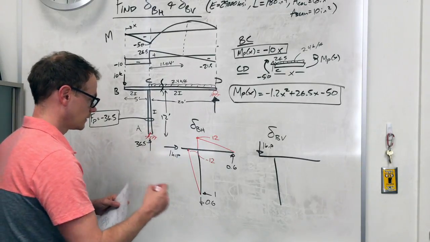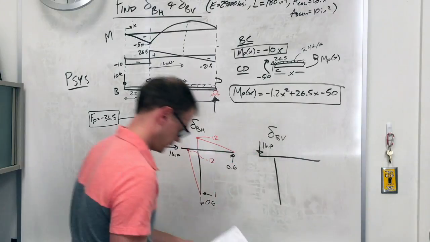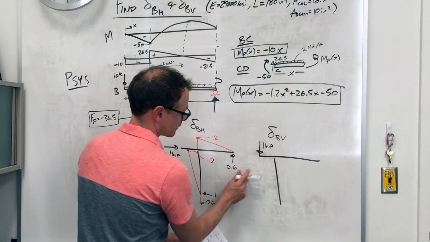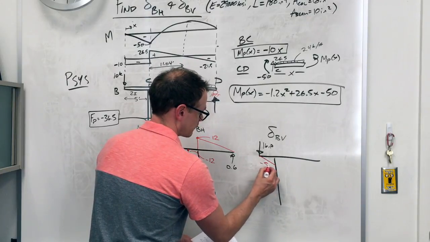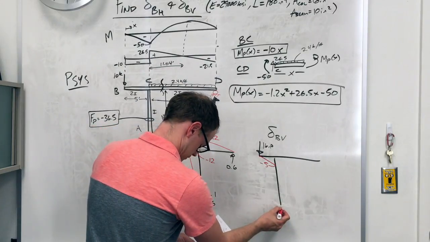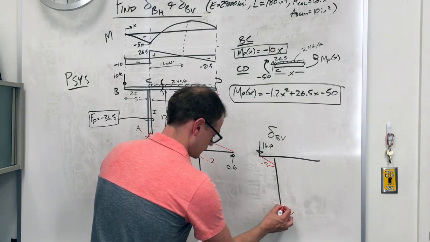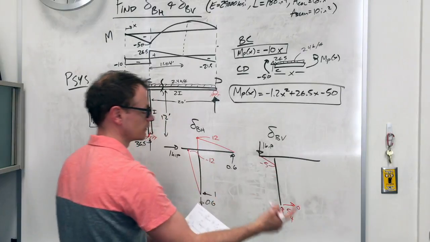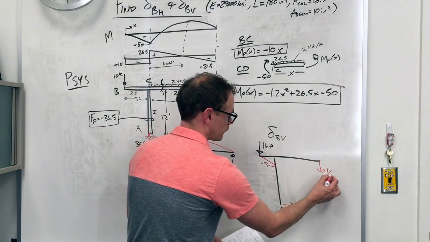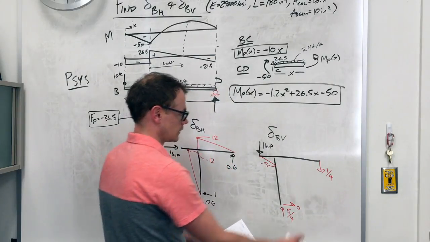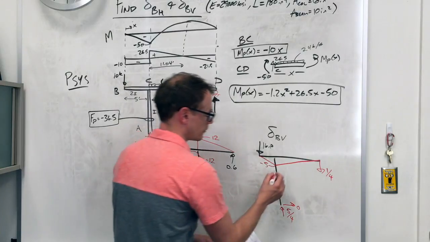Okay. Then for B vertical, I have one kip here. This acts like a cantilever, so that one's easy to do. This is negative 5. And then the reactions are 5/4. This is 0, right? There's no applied load in the x, so how can there be any reaction? And then this one is down 1/4. So this corresponds to a positive shear, so it makes sense that we have a positive slope moment.